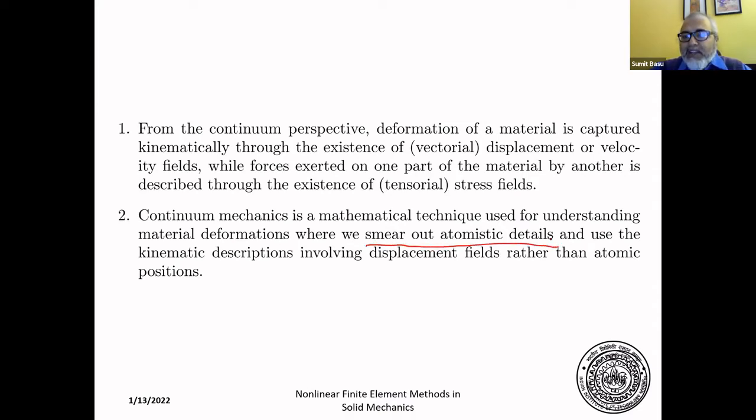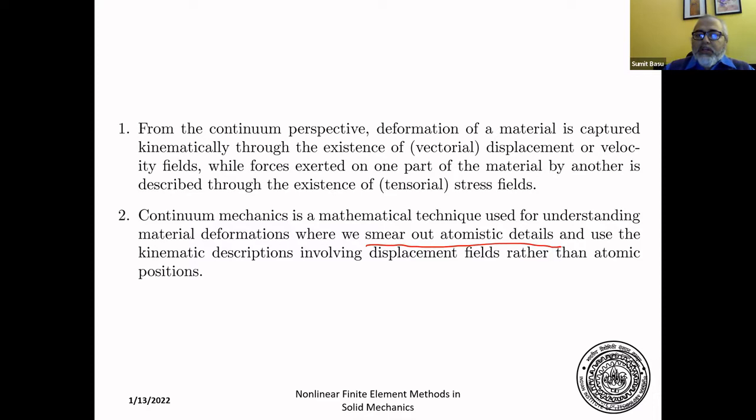So matter is not discrete in continuum mechanics. Matter is a continuum. So there is no discreteness of matter. So we are at a length scale where we cannot see the atomistic details explicitly. So that's one assumption that we will always make.